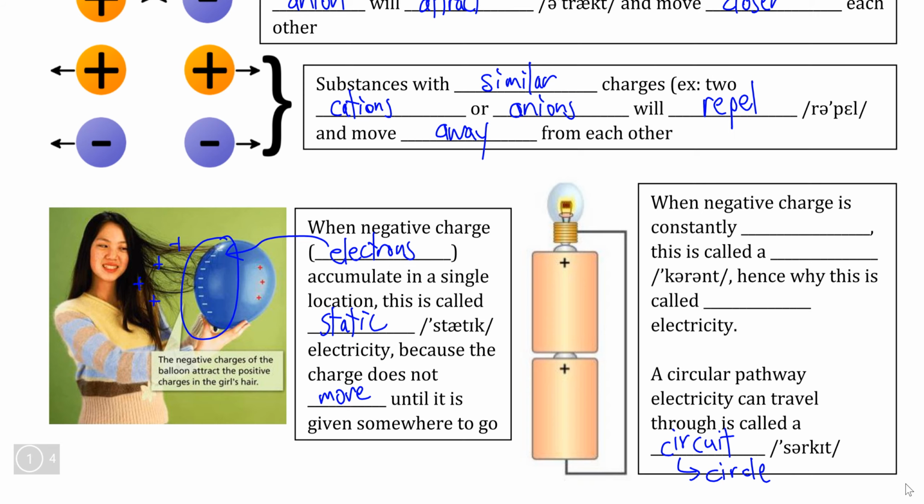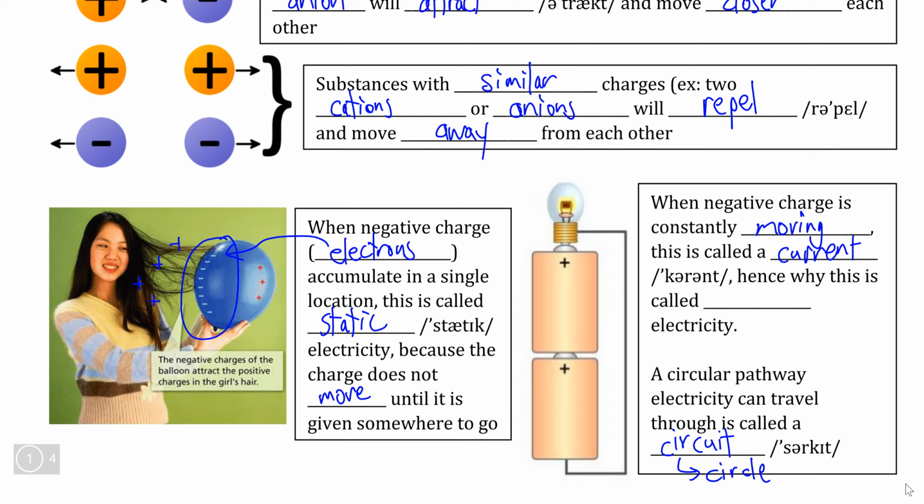So in this situation, unlike static electricity, where the electrons are concentrated and basically remain in the same location, in a circuit, the negative charge, the electrons, is constantly moving, and this is what we call a current.